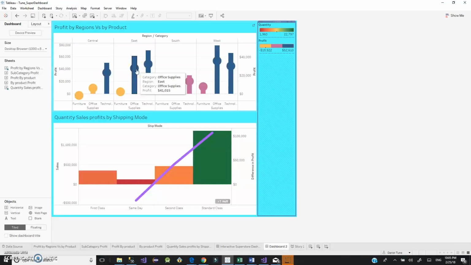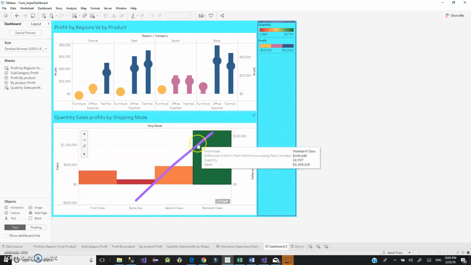Category office supply east region, and up here also office supply south region, and west region. Up here is the profit, which I already explained, and other parts on the worksheet.